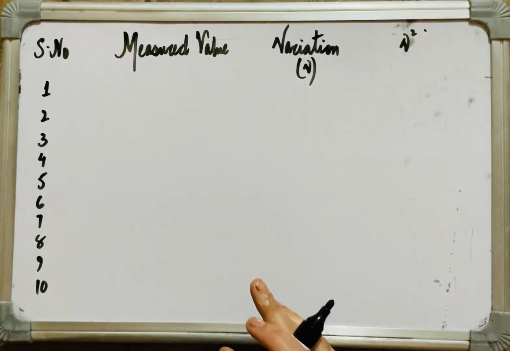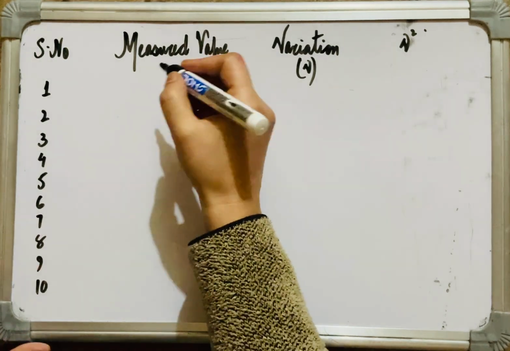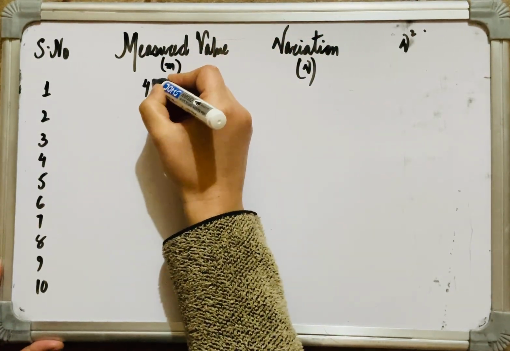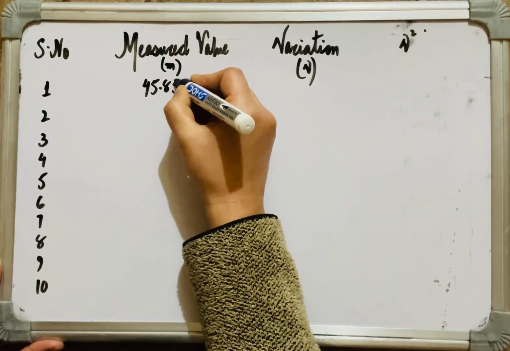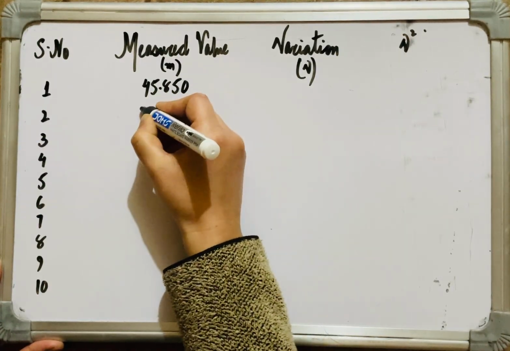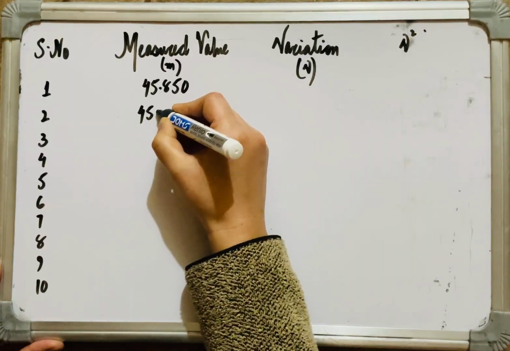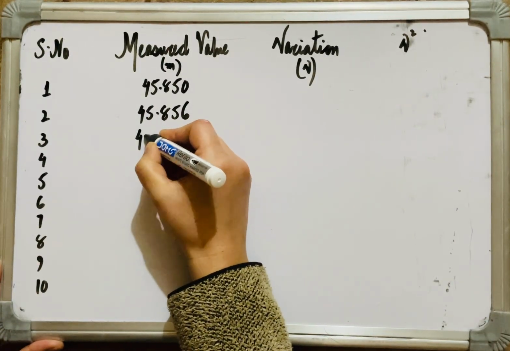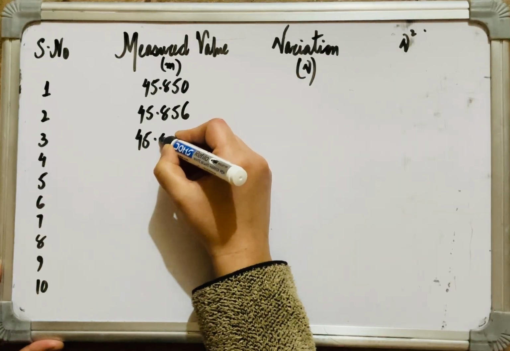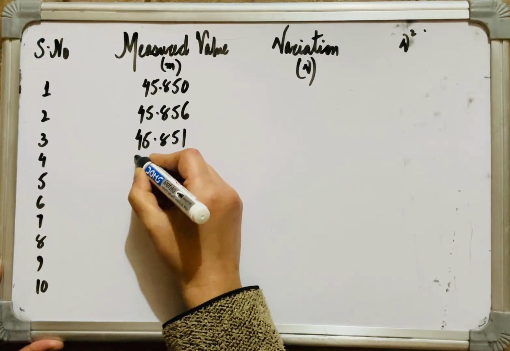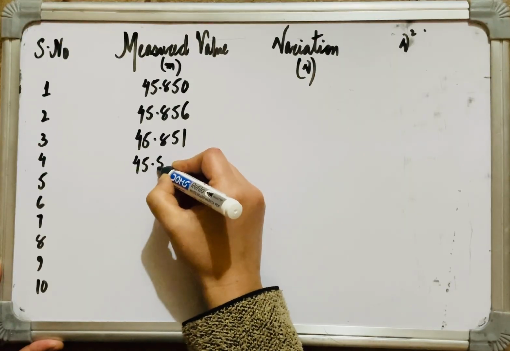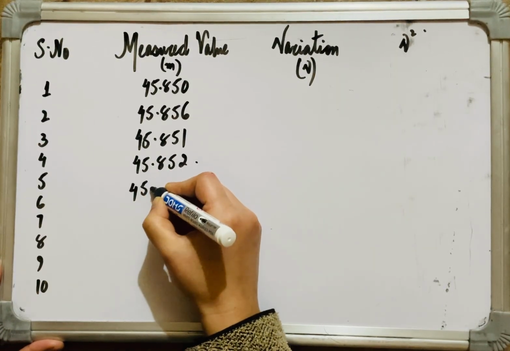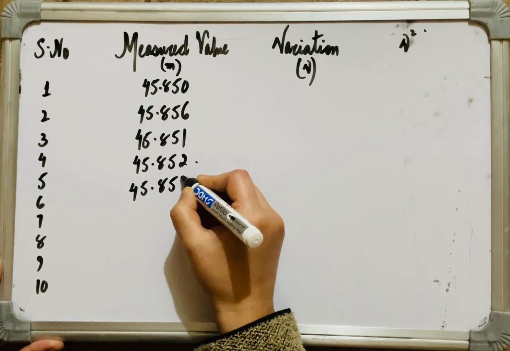I'll write it down. Every measured value has been taken in meters. First one is 45.850. Next one, 45.856. Next one is 45.851. Then we have 45.852. The next one is 45.853.